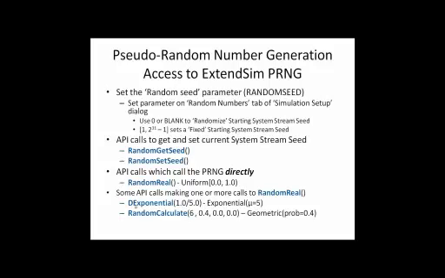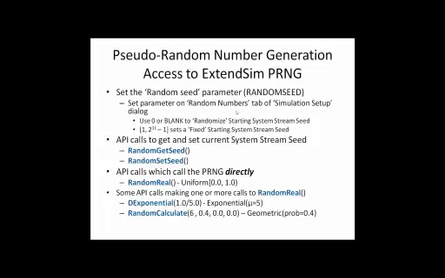For instance, there's a d-exponential API for generating exponentials. There's a general form called random calculate, which allows you to specify which distribution you want and what its parameters are. So you can use this form here with any of the 30-some odd distributions that are available within ExtendSim.